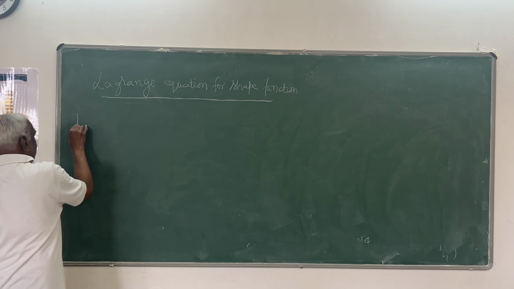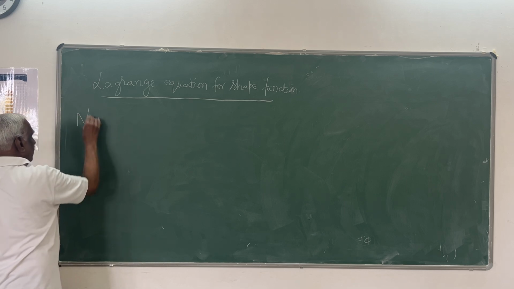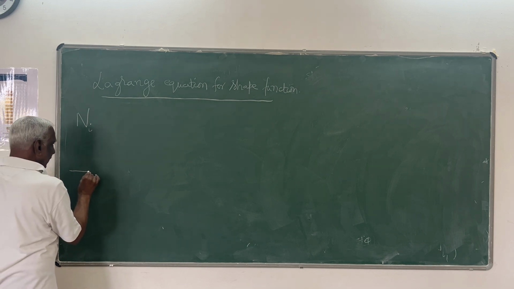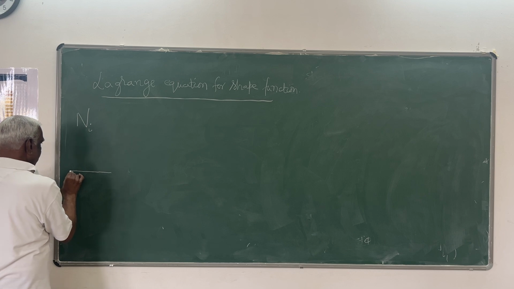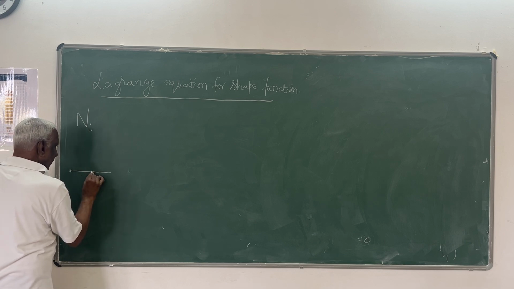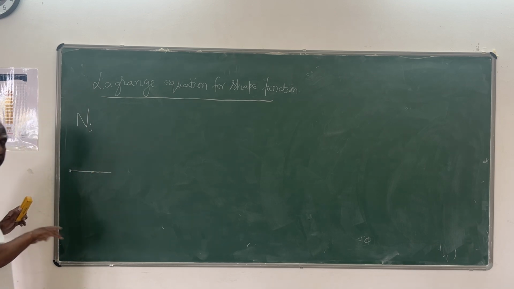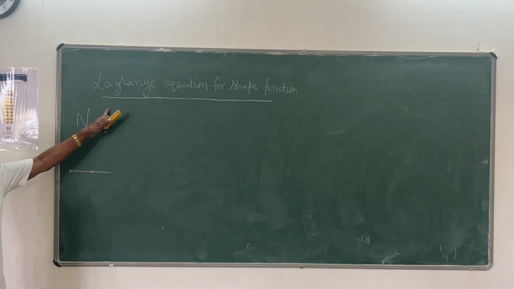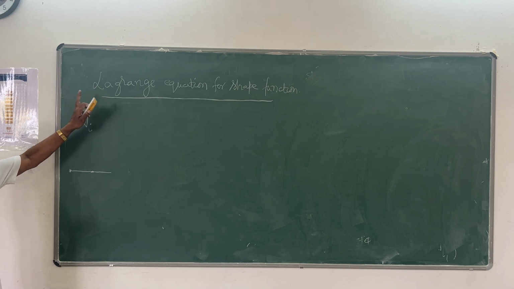The general equation for finding the shape function at any point is applicable only along rectilinear orthogonal lines. That is one important limitation it has.